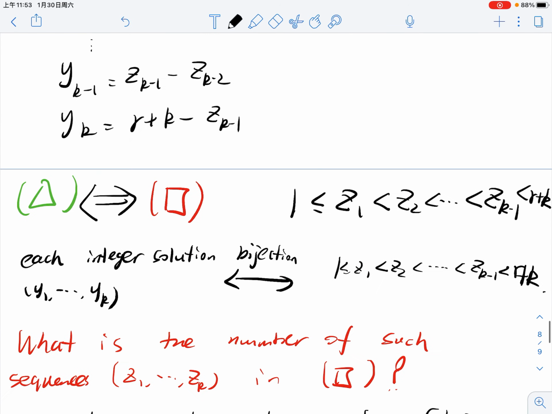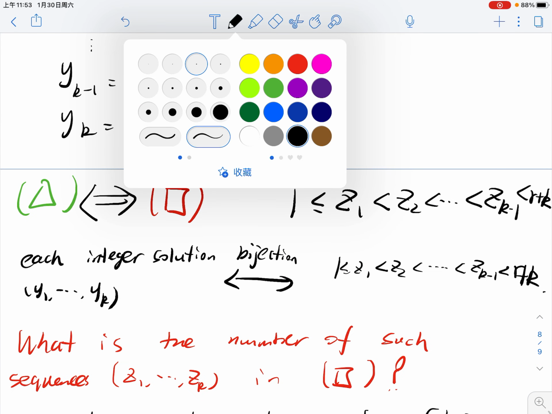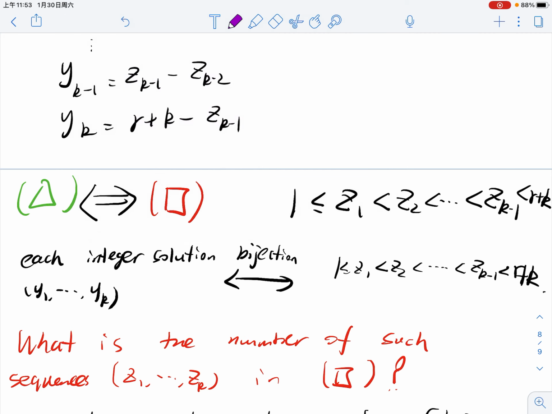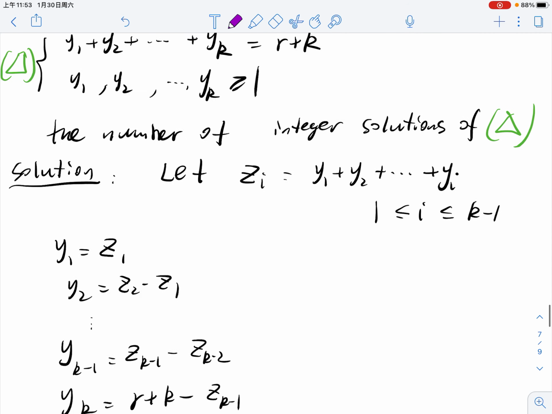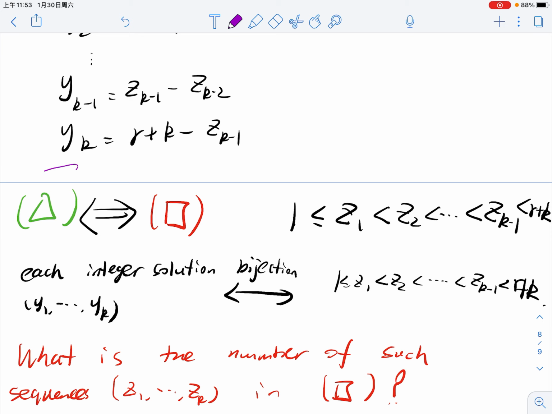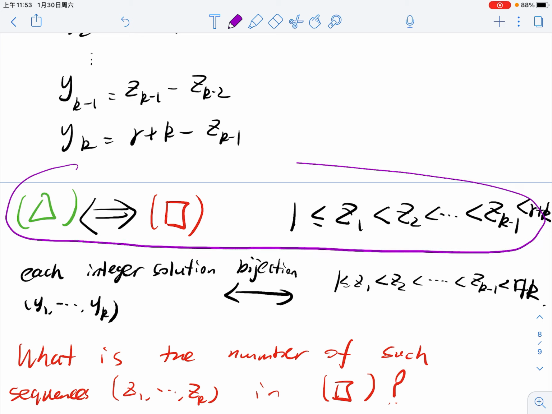And from the proof, I should say the most important one is this step. You just transform an equation into a number picking problem. So recall that in the square situation, you don't have equations at all because you already solved them. So the only requirement is your sequence is increasing.